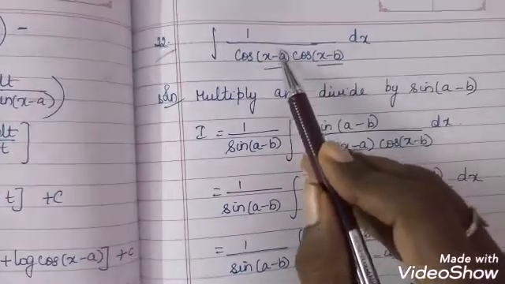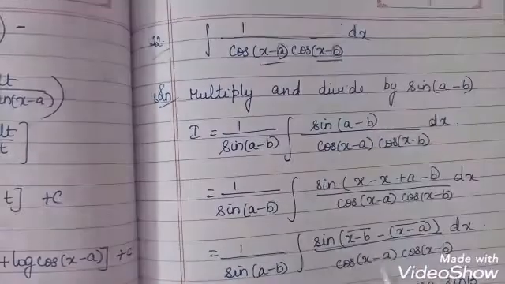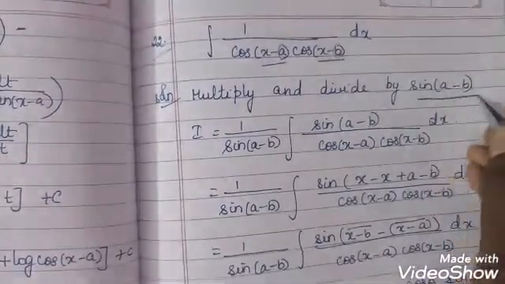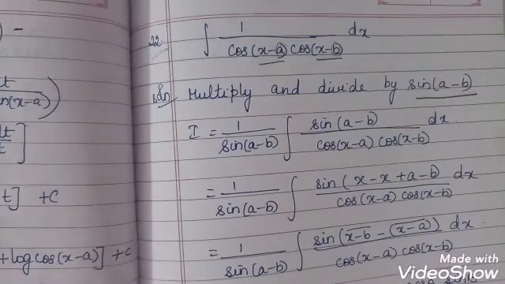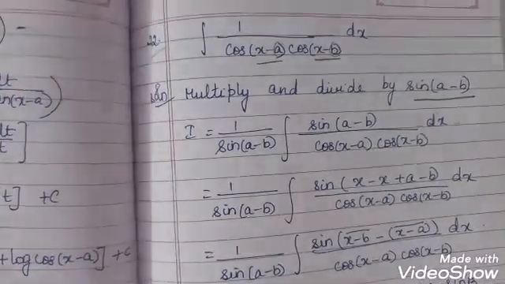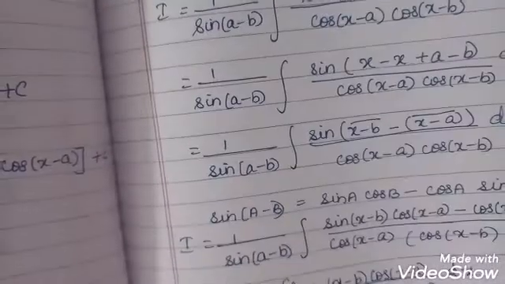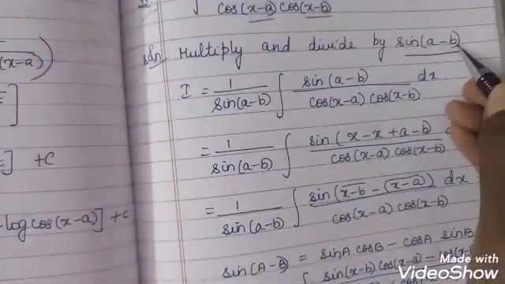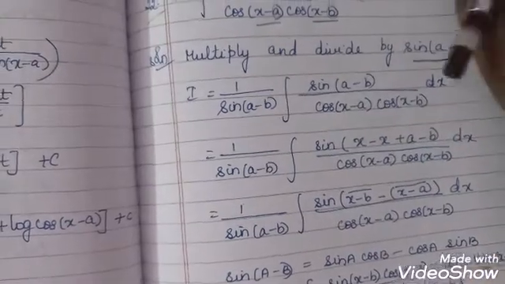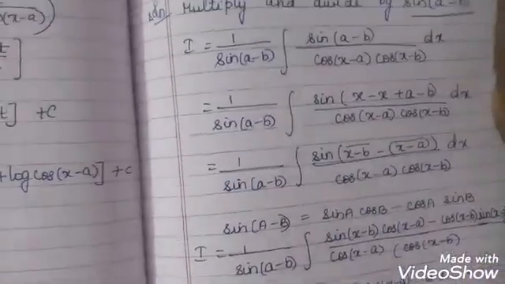In order to bring in this a and b, I'm going to multiply by sine of a minus b. Why can I multiply by sine of a minus b here? Sine of a minus b is nothing but a constant, because a is a constant and b is a constant. So I'm going to multiply and divide by sine of a minus b.